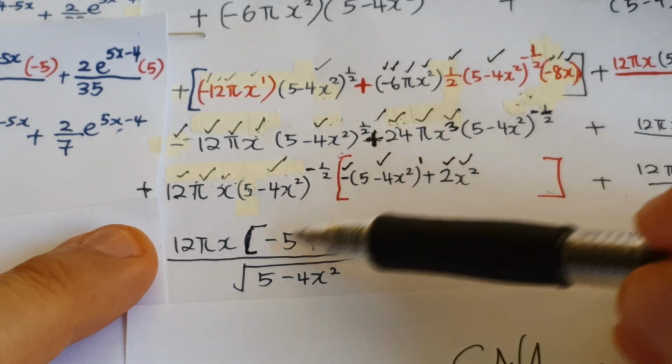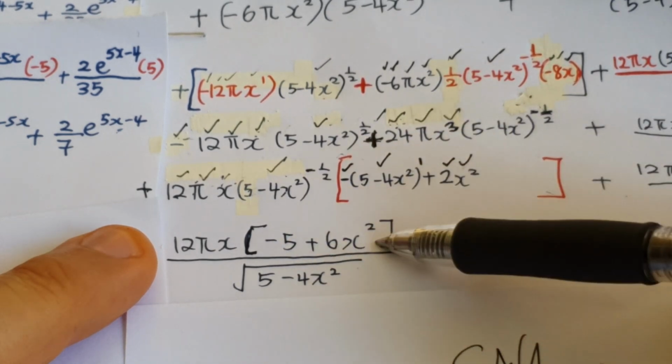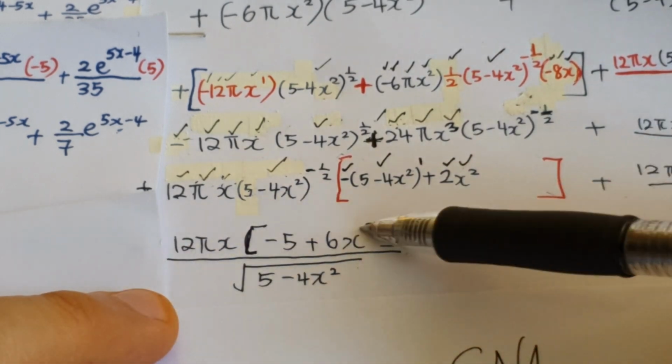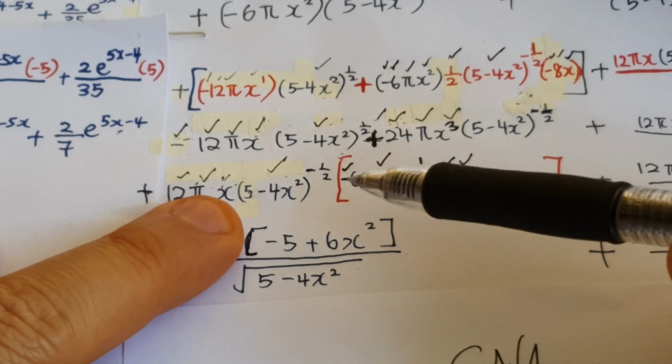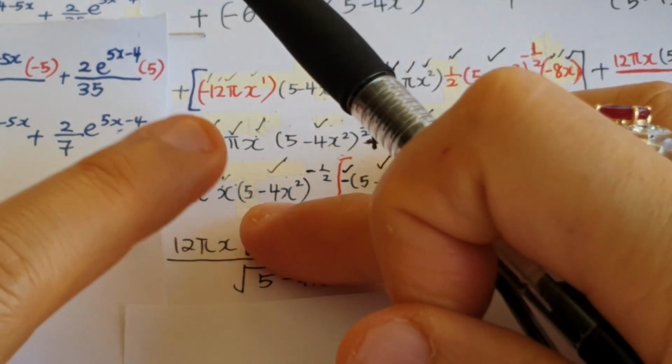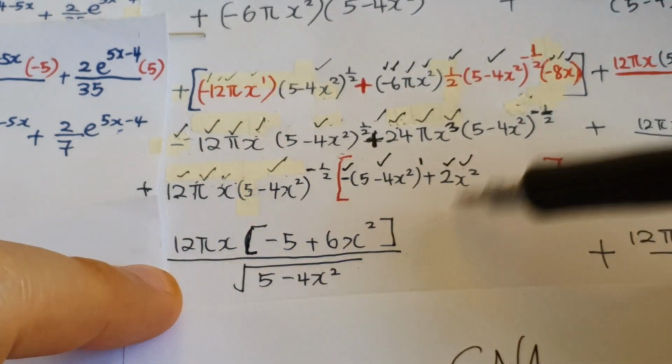So this times this is minus 5, this times this is 4x squared plus this 2x squared is 6x squared. Finish. No need to expand, leave it like that, because later you may need to factorize this or find whether it is an increasing or decreasing function or whatever. So this is how you simplify this.